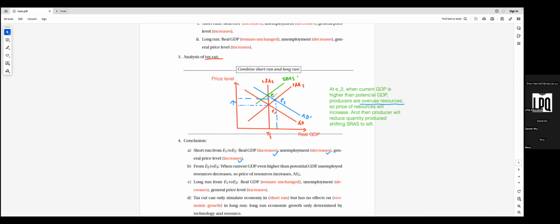So this is E number 3. And the reason why we shift the short-run AS to the left is the price of resources, which has already reached a very, very high level.